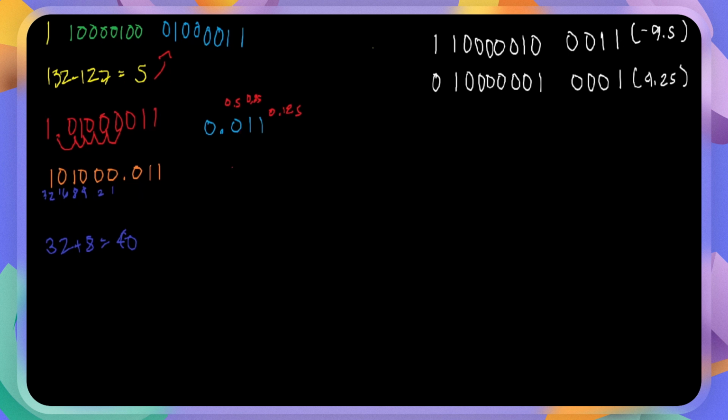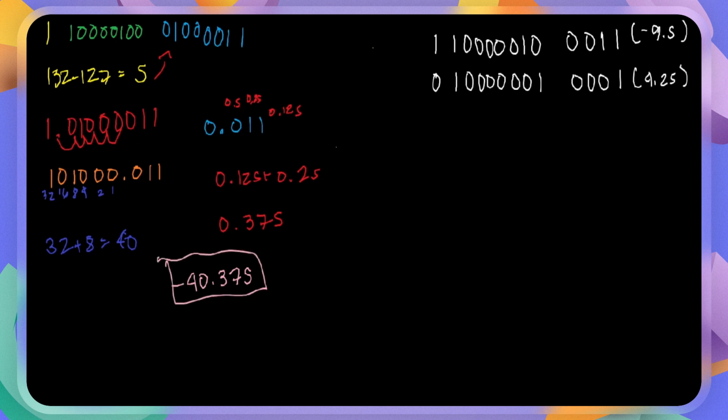So this is 0, ignore that. 0.125 plus 0.25, that's going to be 0.375. Combine these two together, we'll get 40.375. This is our sign bit, 1, so it's negative.